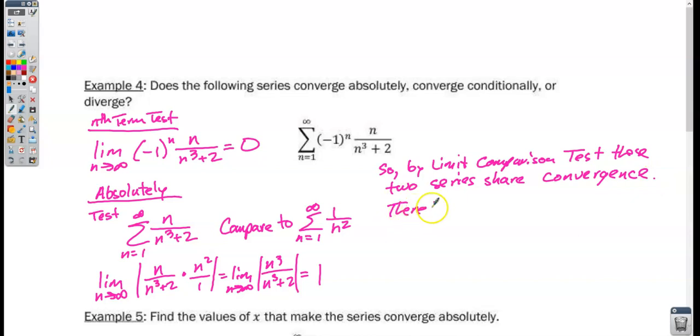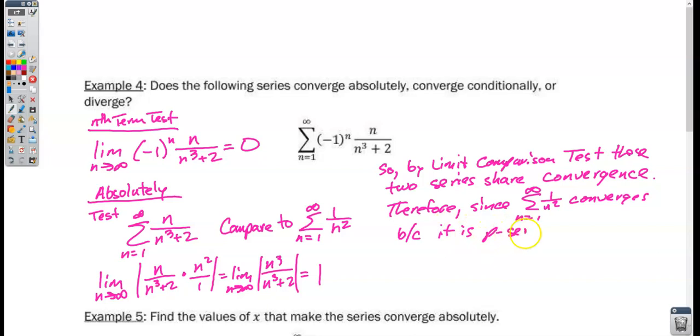Therefore, since the sum from 1 to infinity of 1 over n squared converges because it is a p-series with p greater than 1, the sum from 1 to infinity of n over n cubed plus 2 converges.